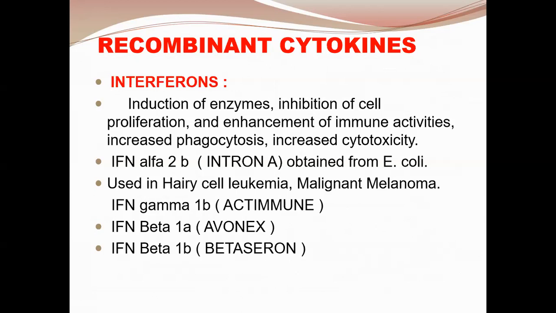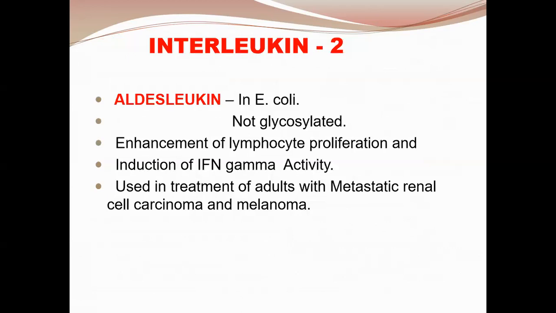And we have interferon gamma 1b, which is called Actimmune, and we have interferon beta 1a and interferon beta 1b. Then the drugs acting on interleukin 2, that is aldesleukin. Aldesleukin is produced from E. coli in a non-glycosylated form.